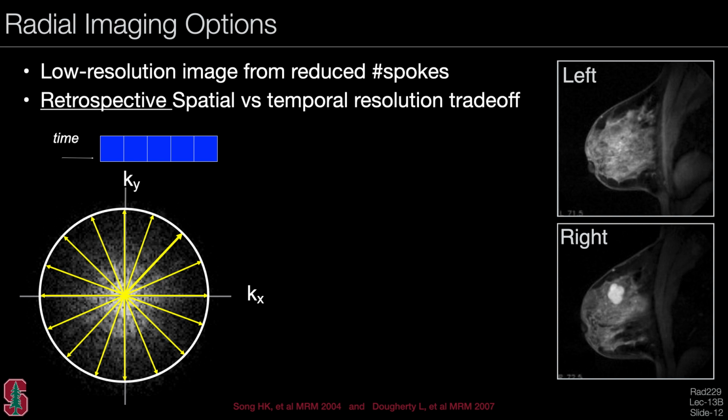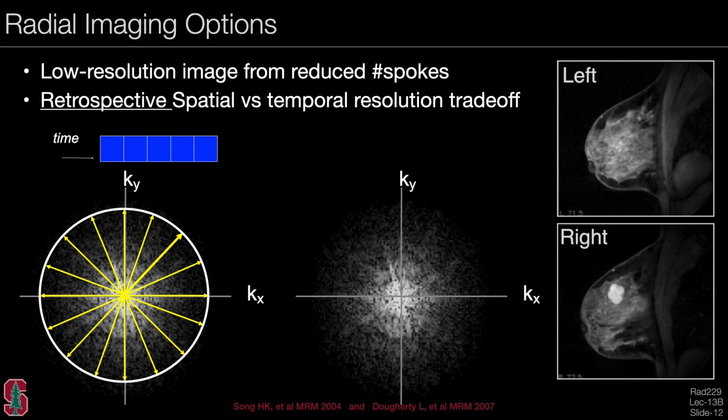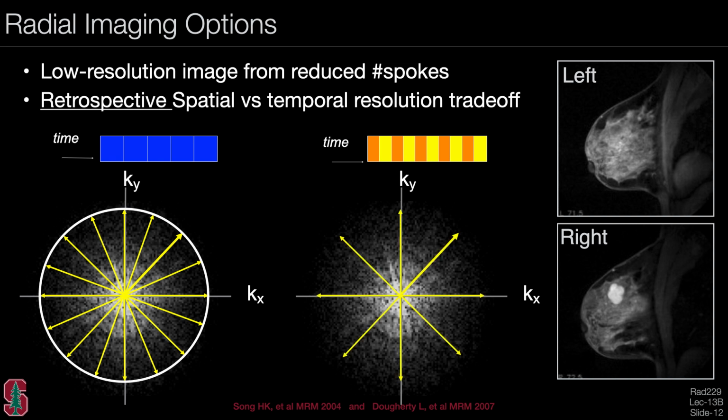But we can also trade off retrospectively, because we can view share the higher spatial frequency information with the central information. So we can do something like this, where we've divided up these spokes and we acquire the yellow and orange spokes at different time frames. Then we can use the inner information from a narrower time window and view share the outer k-space information from both the orange and the yellow here.